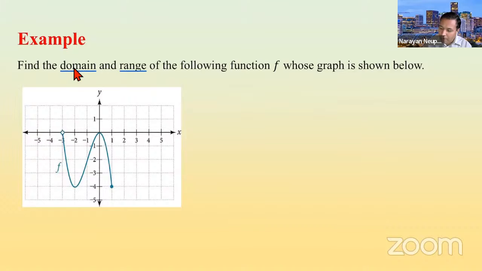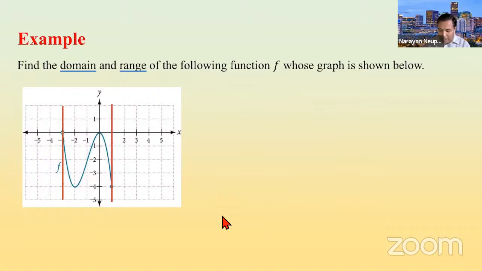So if we look very carefully, what we see is this graph goes from -3 along the x-axis. If we look at the x values, the graph is between -3 and 1. Let me also draw a line to represent that so that you can see.